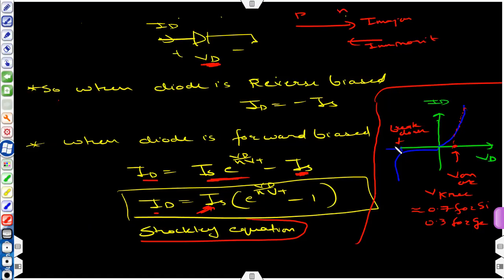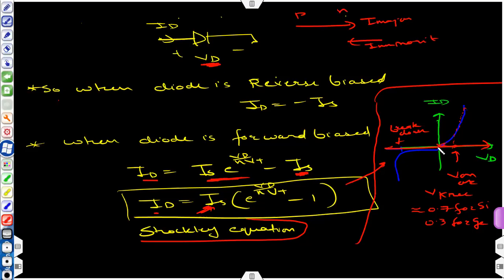And graphically, I can represent this mathematical equation like this. In forward bias condition, this will be the curve, an exponential curve like this.